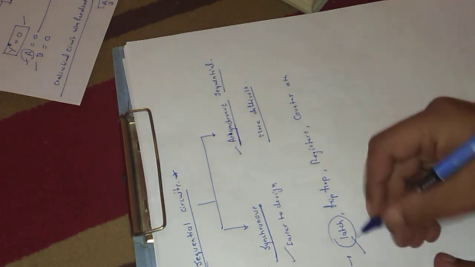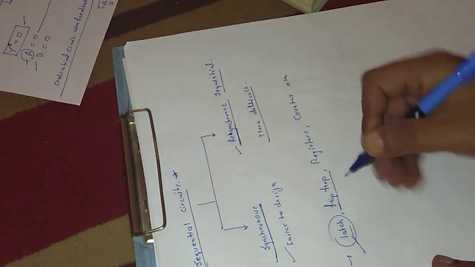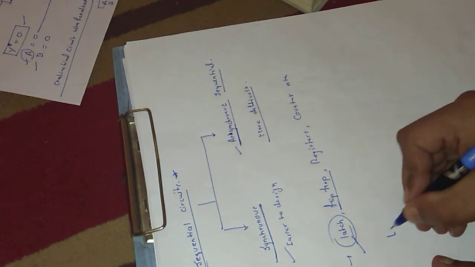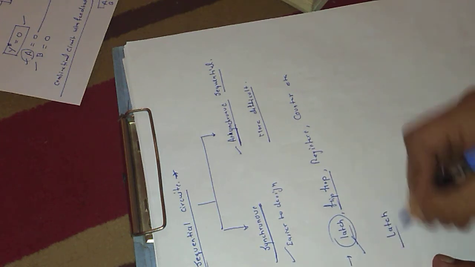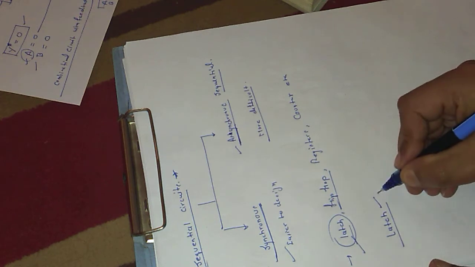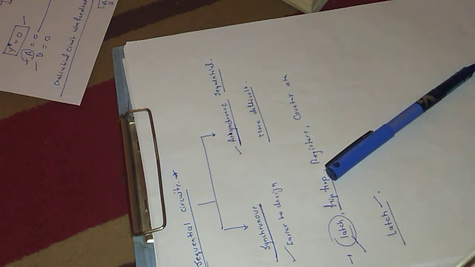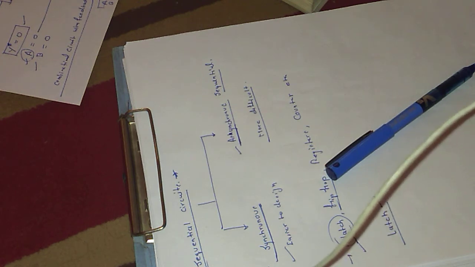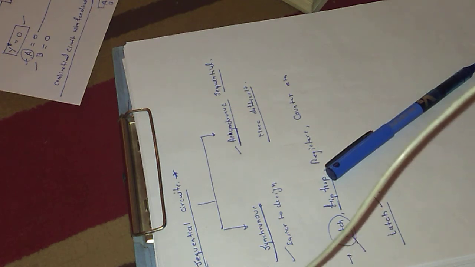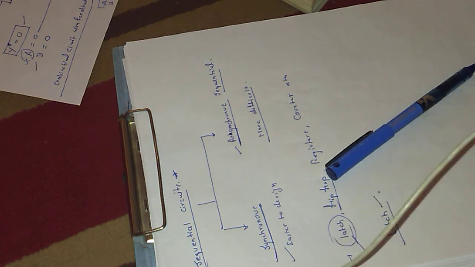So first thing is latch and flip flop. We have a new topic, latch. Latch and flip flop are both the most important memory elements. The latch or flip flop is made of an assembly of logic gates.